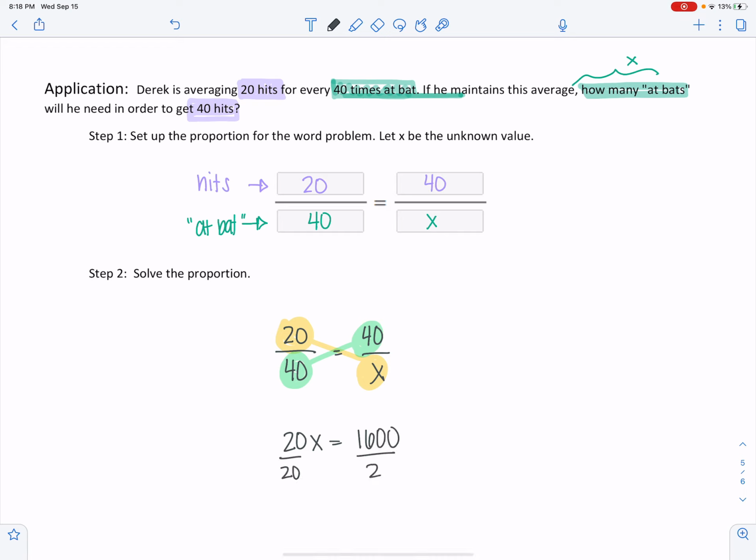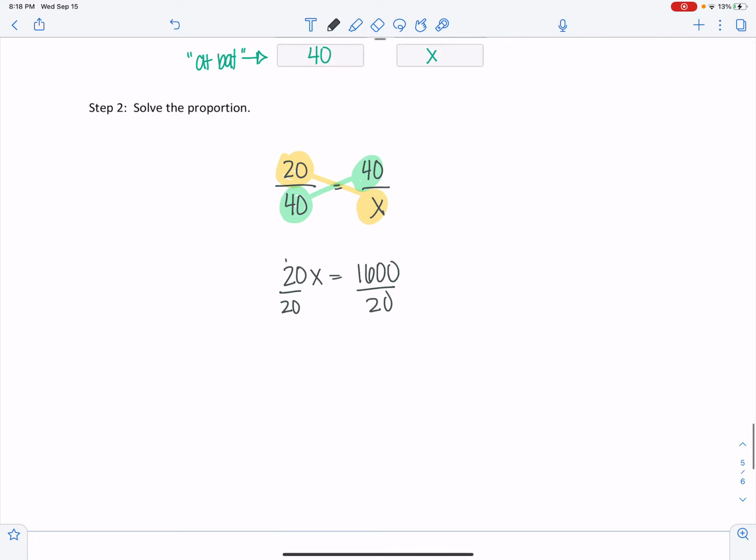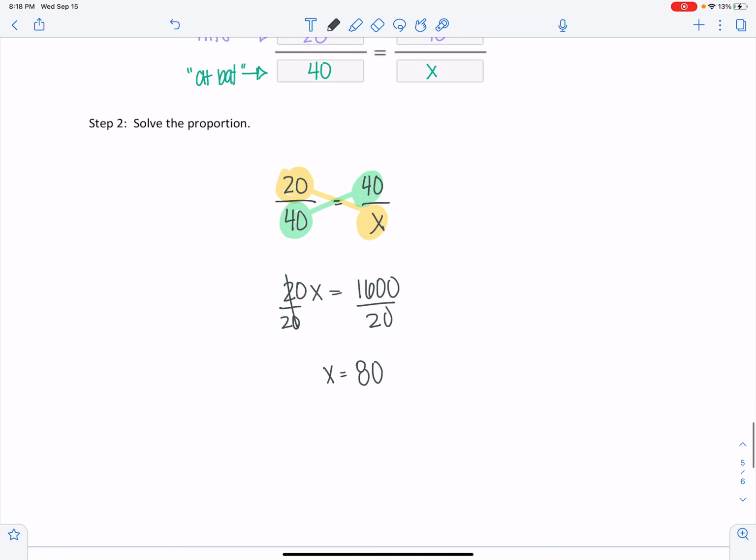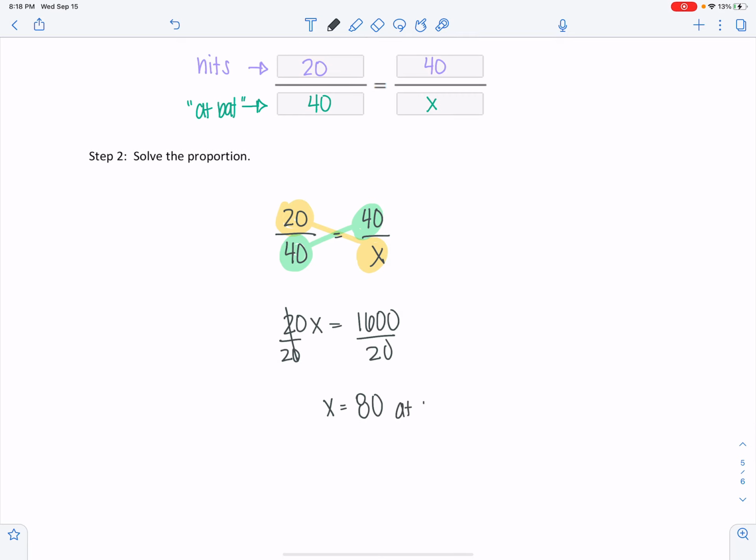Divide by 20, divide by 20. Those are going to cancel and give me x equals 80 at-bats. And so in the homework, you would just type in 80. The units would already be there, but that would be your final answer.